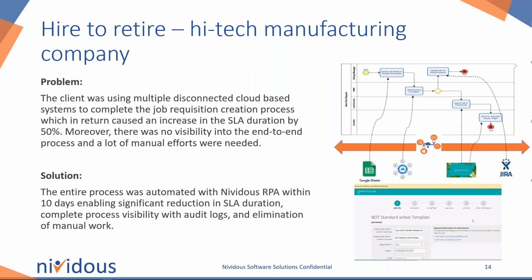And this was something that was able to be done very quickly and reduce their SLA to within the guidelines that they had already established. Strangely, they had an SLA in place, but they weren't meeting it. But when we were able to automate this using RPA, it allowed them to meet the SLAs that they had already established.